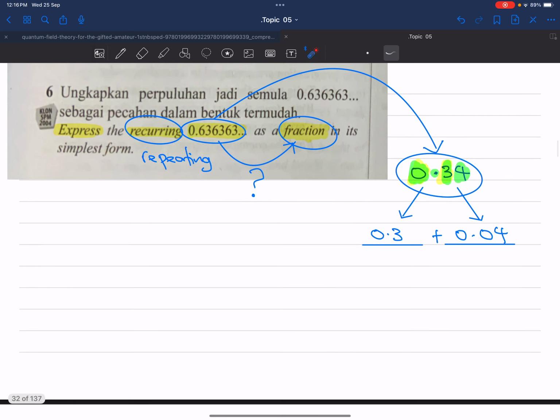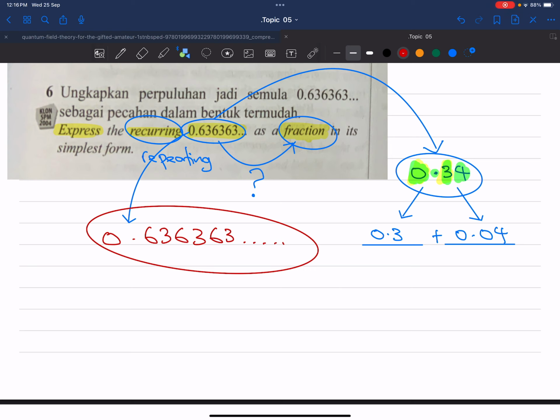Using this, the decimal that is given to us, 0.636363 and continue, we can break into a sum of decimals.